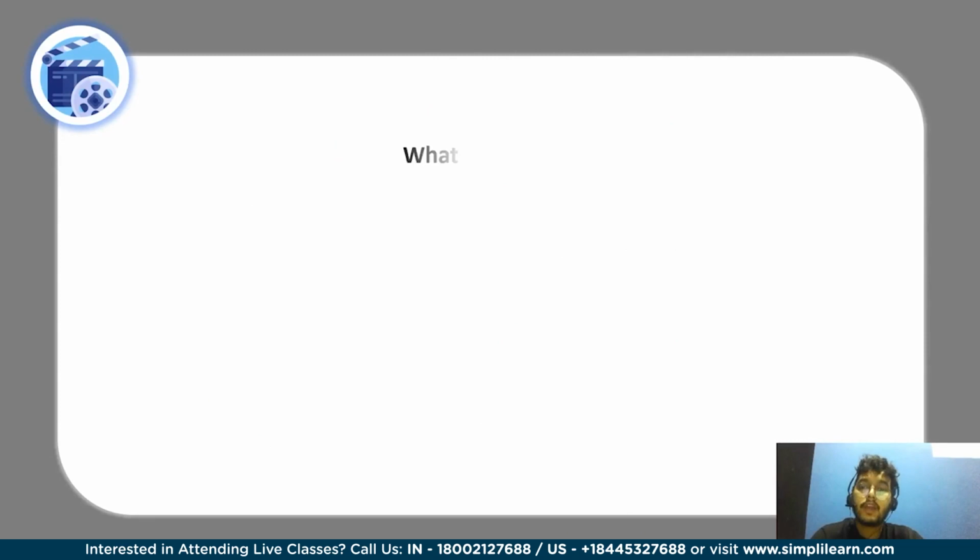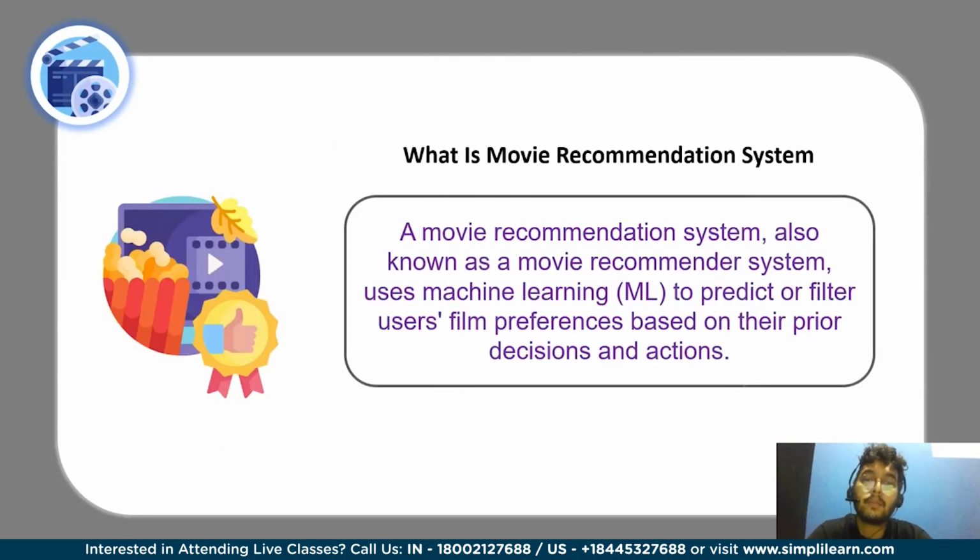A movie recommendation system, also known as a movie recommender system, uses machine learning to predict or filter user film preferences based on their prior decisions and actions. It is an advanced filtration system that anticipates the consumer's potential likes and selection for a domain specific item, a movie.